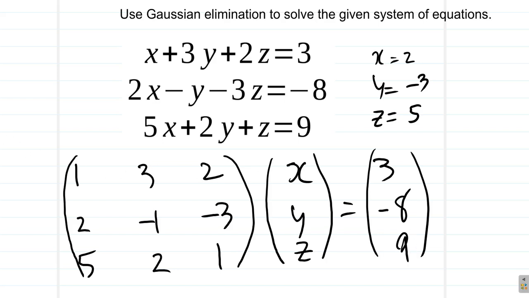So this is matrix form. So notice 1 times x plus 3y plus 2z equals 3. Same thing here: 2x minus y minus 3z is equal to negative 8. 5x, which is here, plus 2y, which is here, plus 1z equals 9.